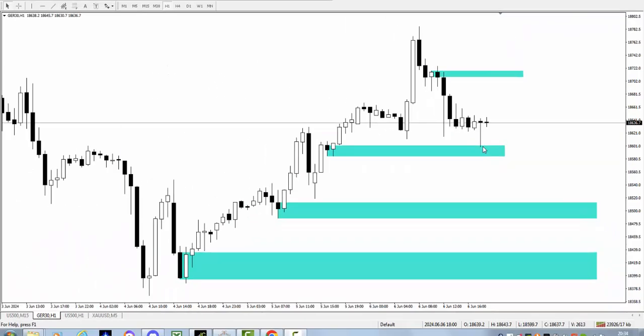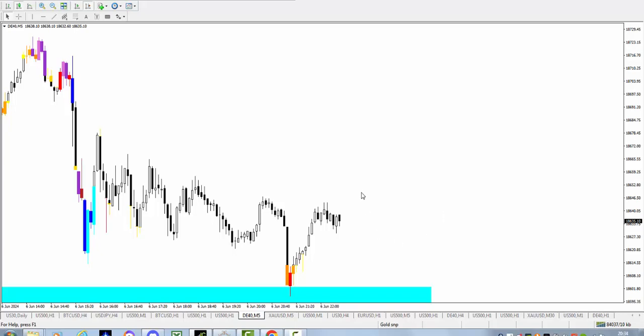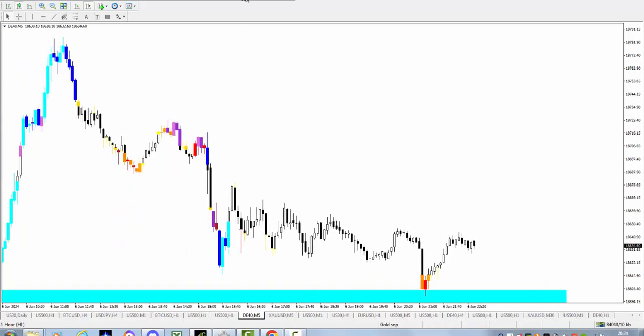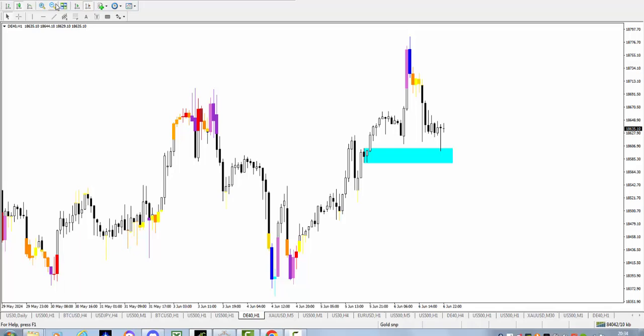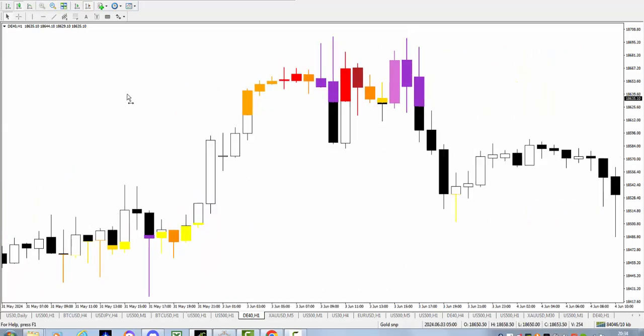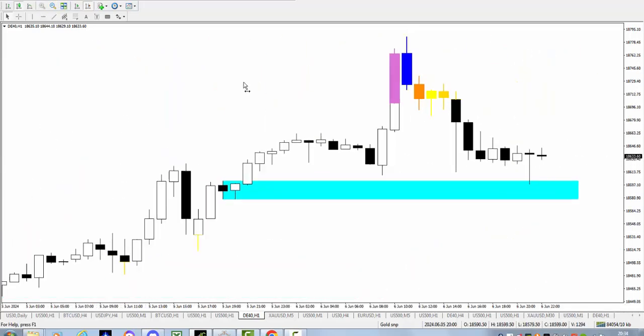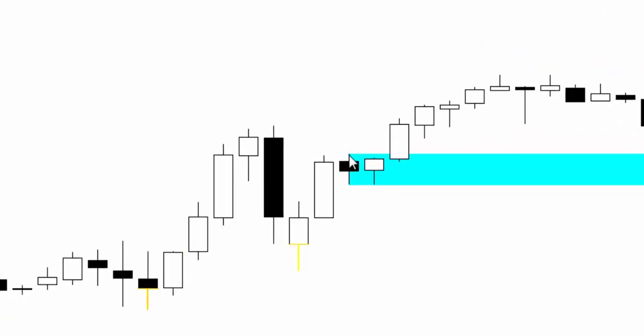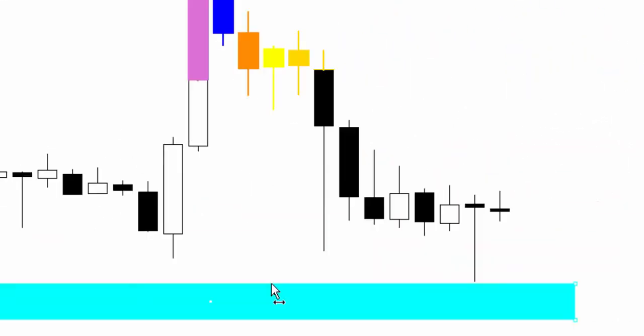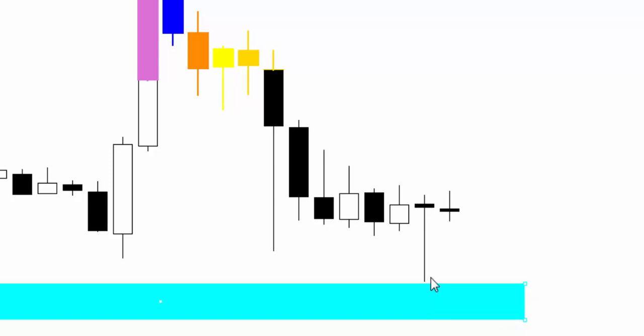Now when I look at my broker, the one that I actually trade my real account on, if I can get to it, you can see that if I go onto the hour chart, we've got the body of this candle here, and if I mark just the body, you can see that this candle doesn't touch it.